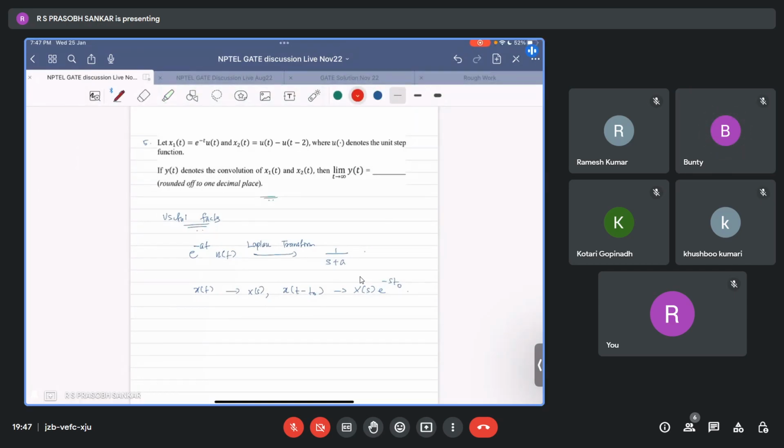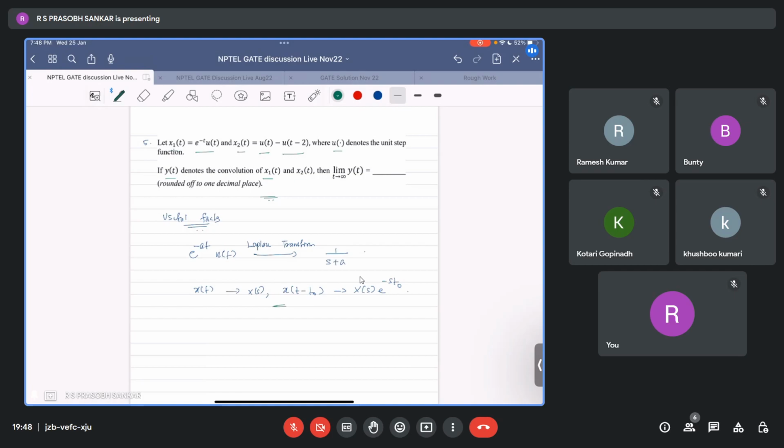Yes. Okay, thanks. So this question is from a different topic. It's actually on Laplace transforms. The question is: let x1(t) be e^(-t) u(t), and x2(t) be u(t) minus u(t minus 2), where u is our step function.